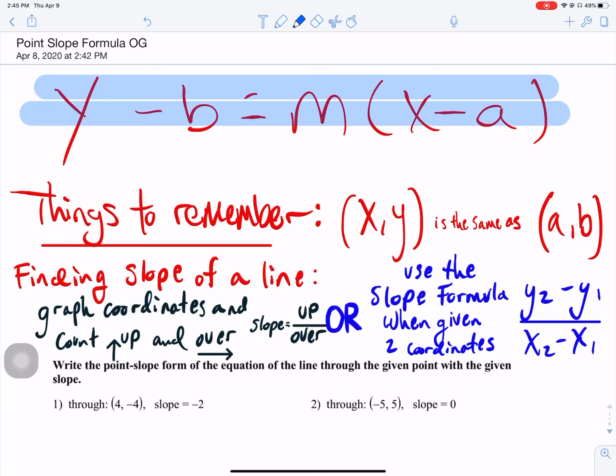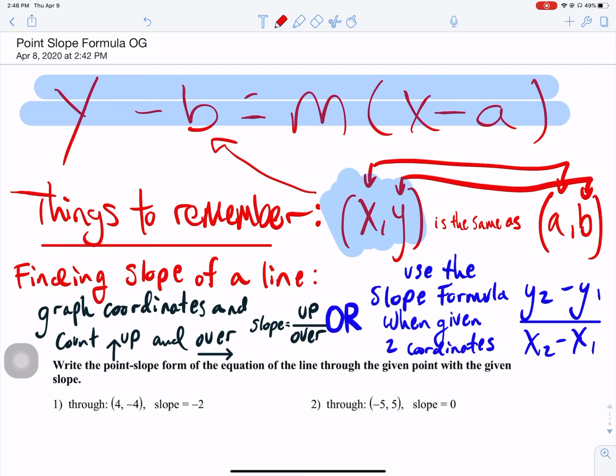Y minus B equals M times the quantity of X minus A. And we need to remember that for this, X is going to be A and Y is going to be B. And when I use a coordinate, I'm just going to plug it in here and here.